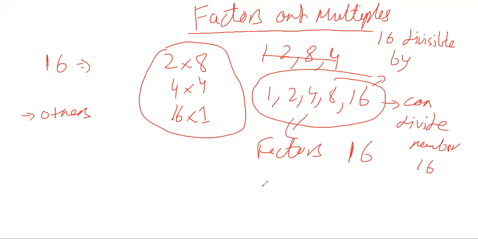Okay, let's try to find the factors of 4. How many pairs are there to make 4? Everybody write down your answer on the chat box. In how many ways, when we multiply two numbers, can we get 4? Write it down.